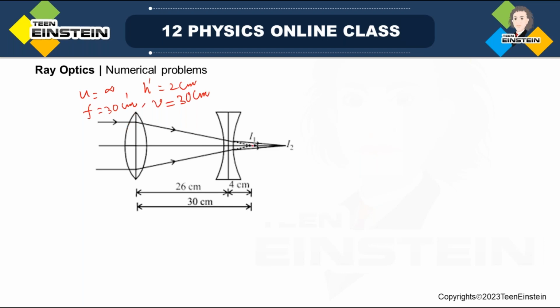Now look here, a concave lens of focal length 20 centimeter, that is minus 20 centimeter.